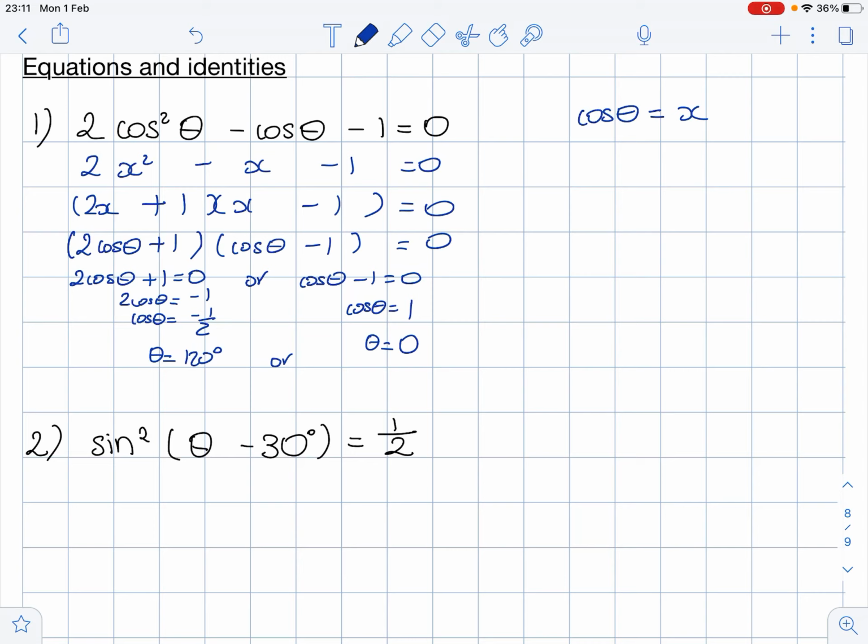Then I'm going to sketch my graph. So you need to find the values between 0 and 360. So the question is, find the values between 0 and 360. So let's sketch my curve.